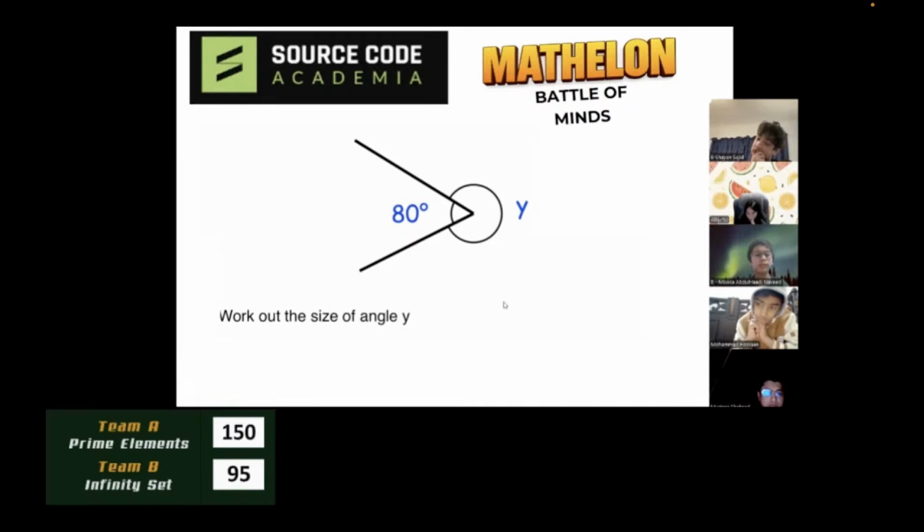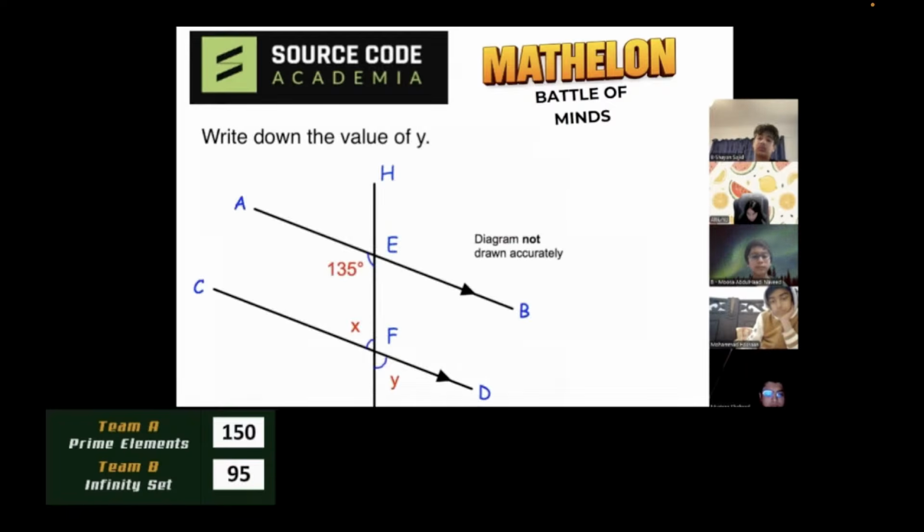Well done, Umar. Okay, the next question on your screen now. Write down the value of y. Team A, 135. No, 135 is the incorrect answer, unfortunately. We will deduct the 5 score from your team.